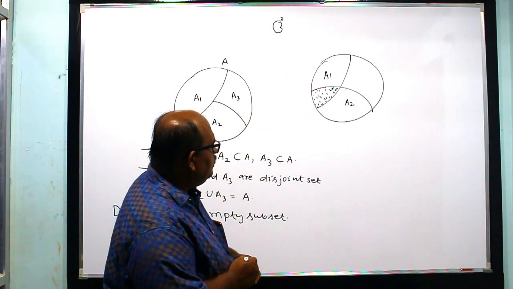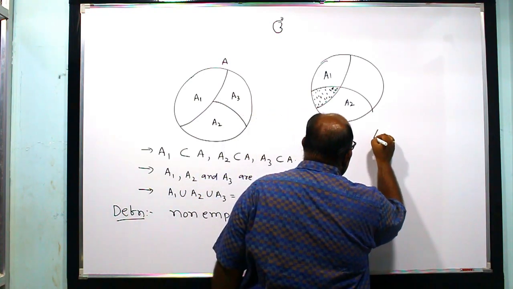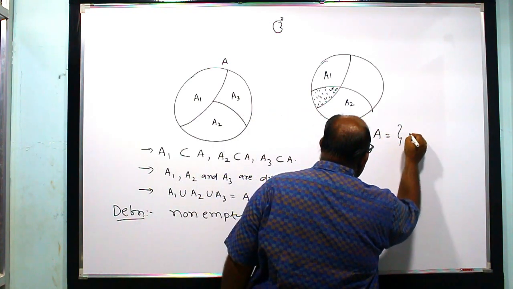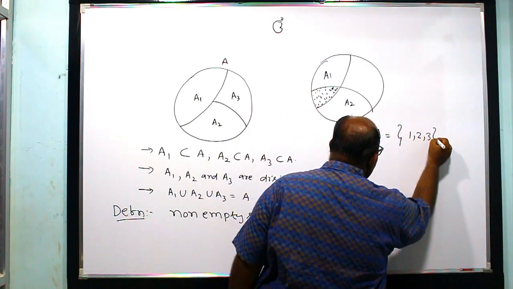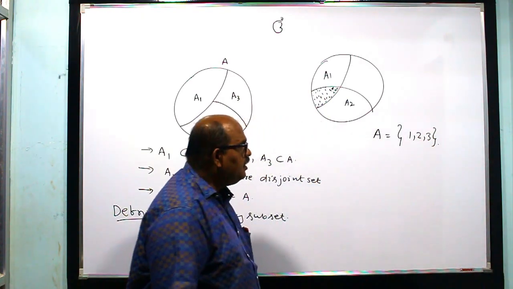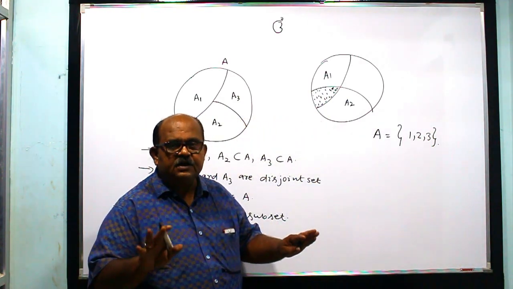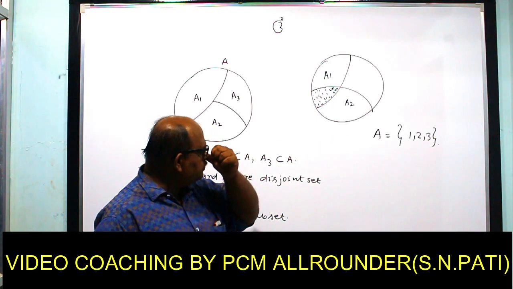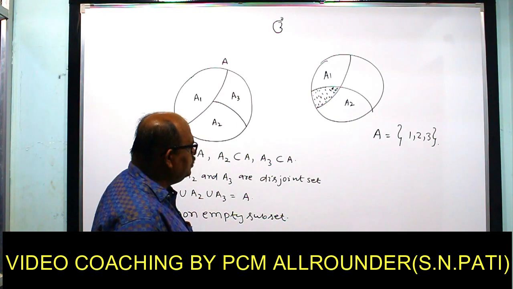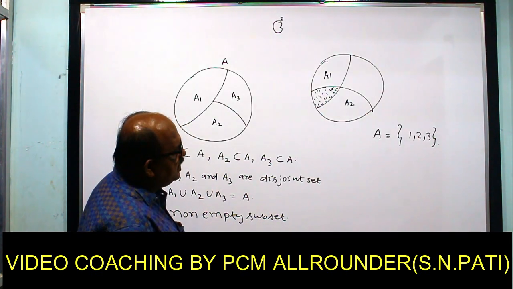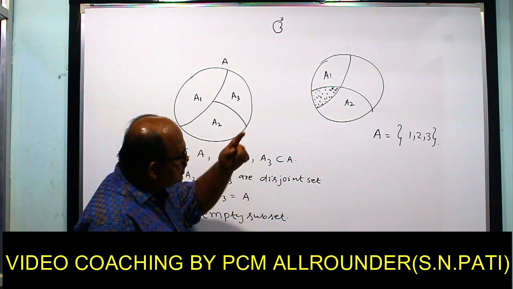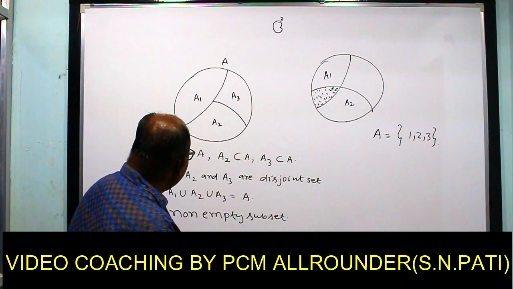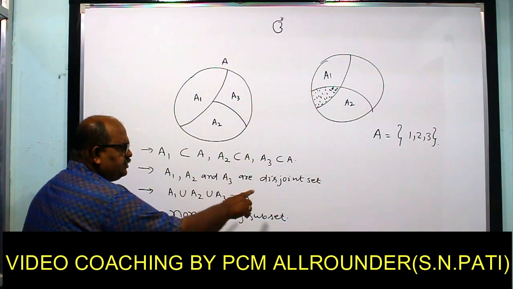Okay. Now let us take a set A equal to {1, 2, 3} and find all of its partitions. How many partitions can develop from set A equal to {1, 2, 3}? So partition means what? We have to find the subsets of set A which obey these conditions.